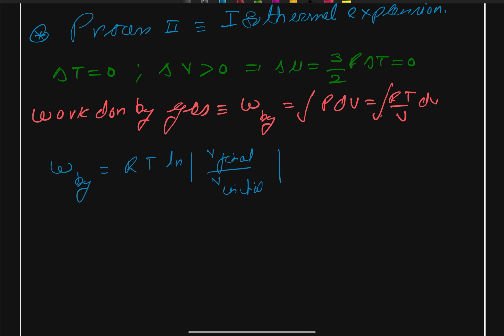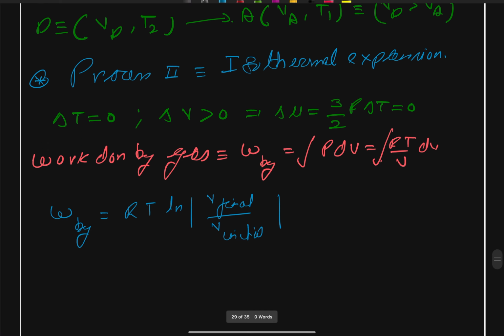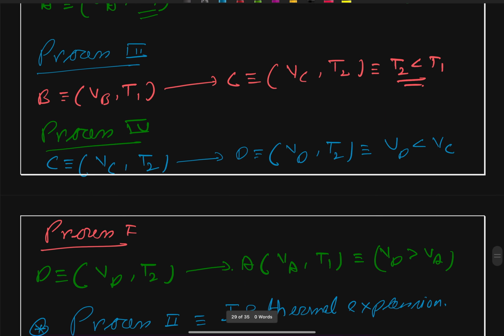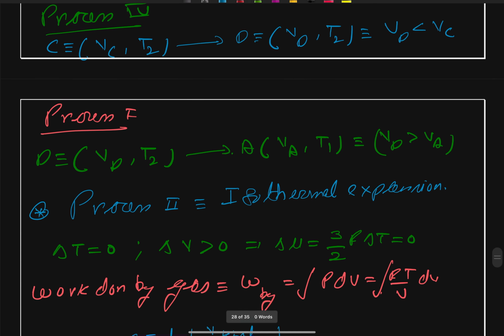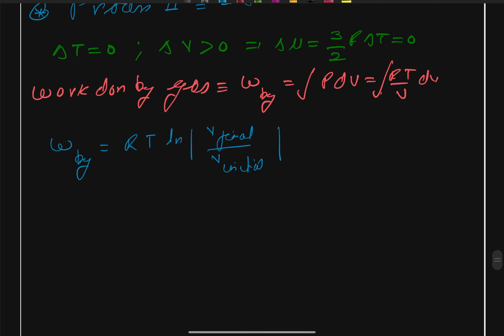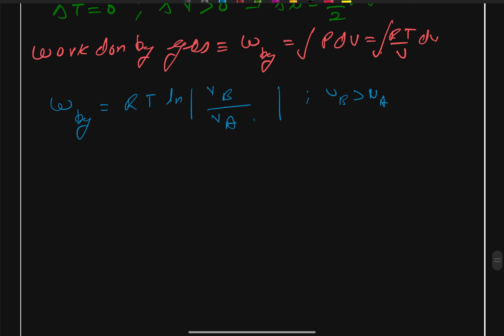And our final volume for process 2 is VB. So we can write this as VB upon VA. And we know that VB is greater than VA, therefore we can say that the work done by the gas will be positive, greater than 0.